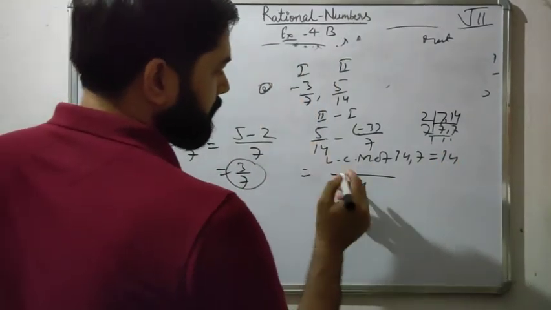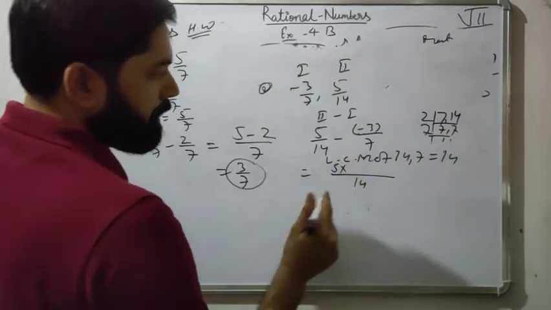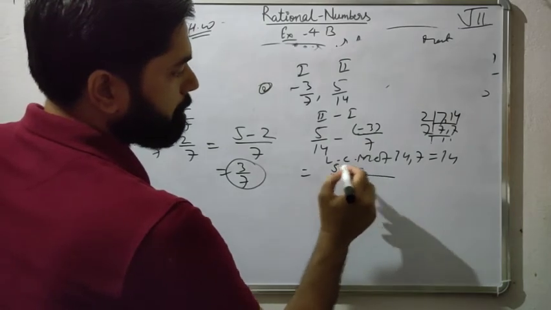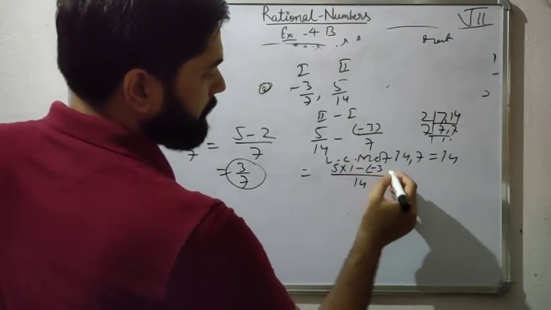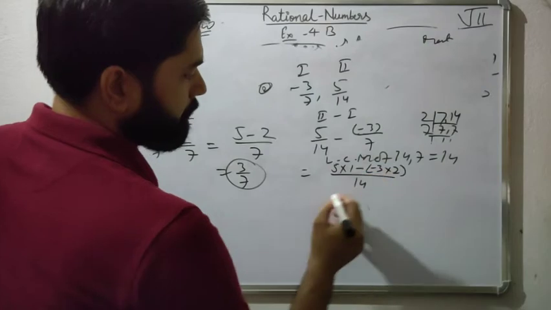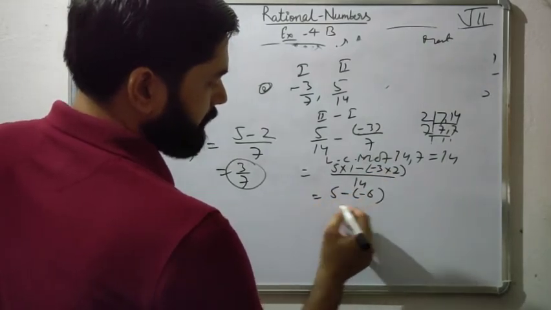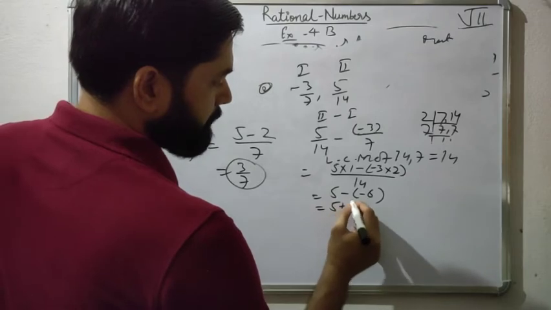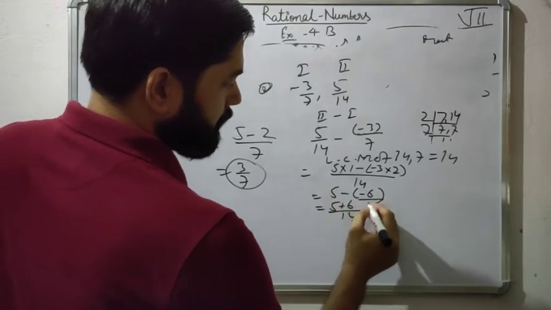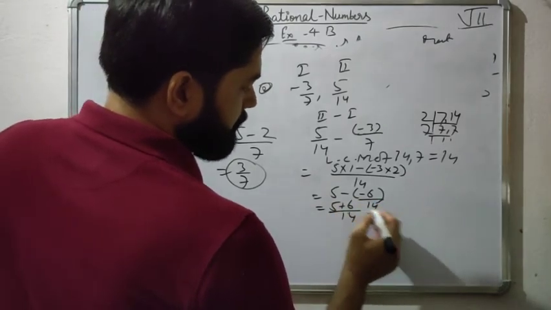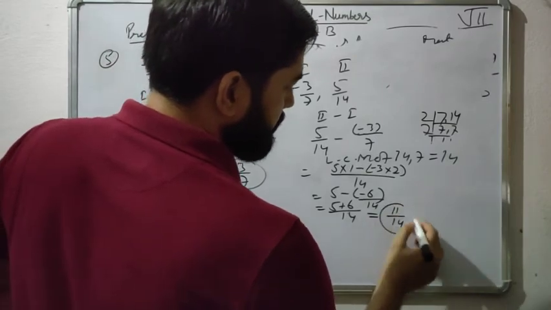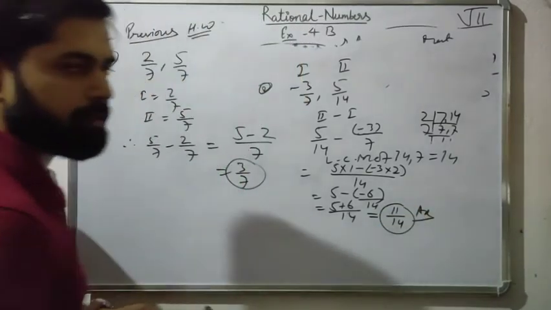Then 14 ones are 14, so 5 multiplied by 1 minus 3 multiplied by 2, because 7 twos are 14. Then 5 ones are 5, and then minus 6, so 5 minus 6 upon 14, and the answer is minus 1 upon 14.